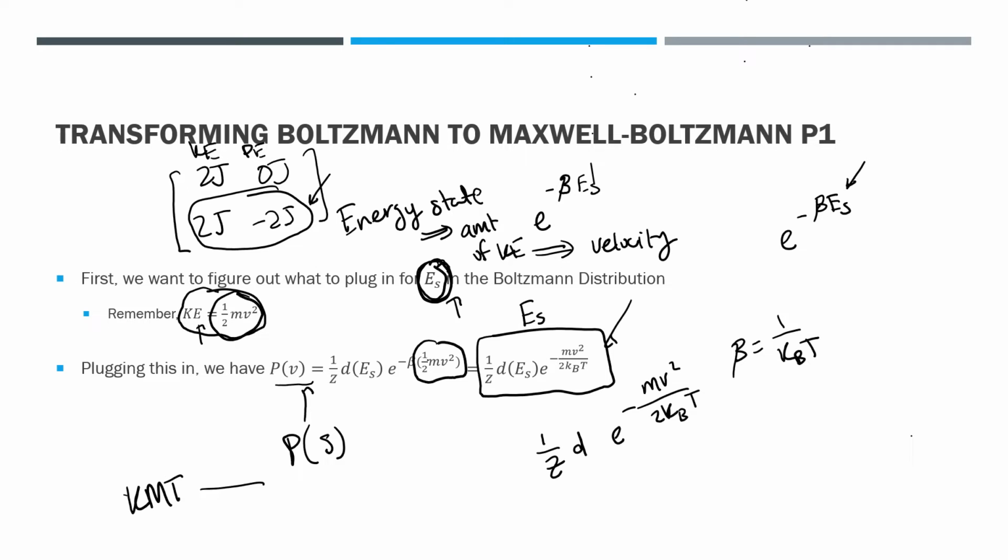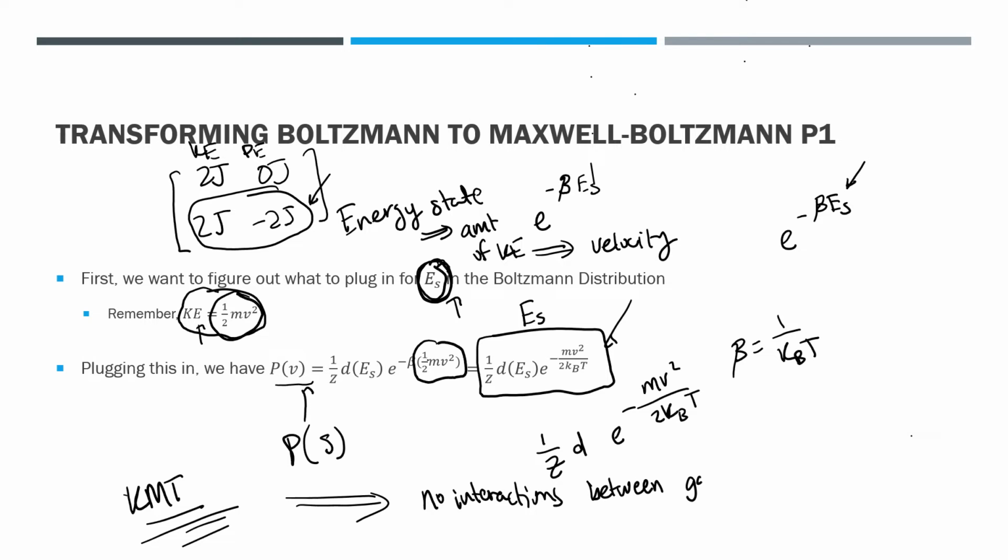This is where it's really important to have a good grasp on it. Remember what it said: there are no interactions between gas particles. This implies that we don't have to worry about adding potential energy into our energy state equation. Why? Because all gas particles will have the same potential energies.